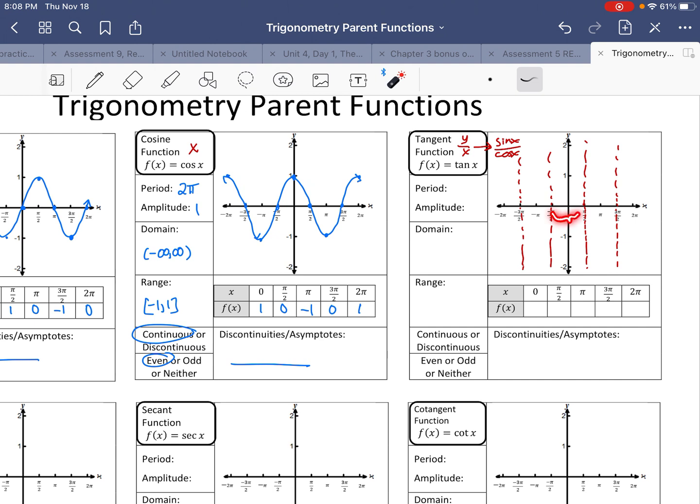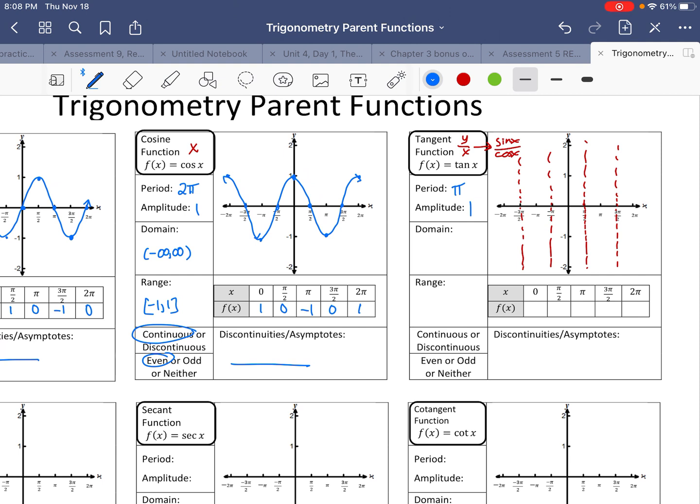A half plus a half is a full pi. So the period of tangent is pi, because every asymptote starts all over again. The amplitude, you can say 1, but it doesn't really do a whole lot like sine and cosine do.